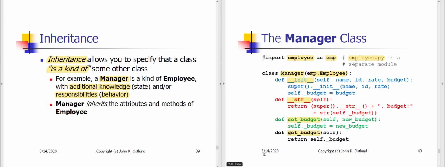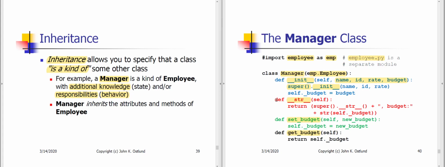Now, because a manager is a kind of employee, what that means is that when we give the name, ID, rate, and budget arguments to the dunder init function for manager, we can simply turn around and call the init function with the name, ID, and rate for the superclass, which in this case is employee.